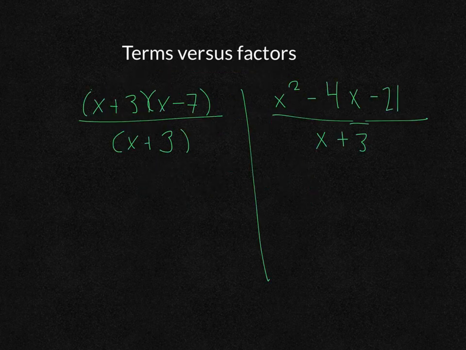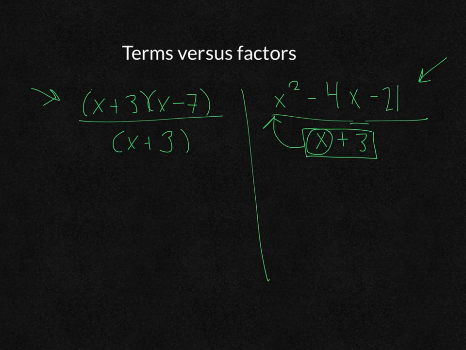All right, we have two expressions here. We have one that's in its factored form and one that's in its term form. Let's look at this right side here first. The tempting thing here is to take this x and say, oh, hey, I can divide that into x squared. But that is not the case, because polynomials that are created of terms can only cancel out with whole factors that are like factors. You cannot cancel out individual terms of a polynomial.